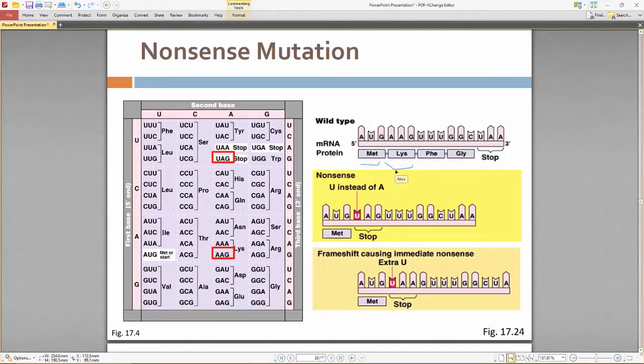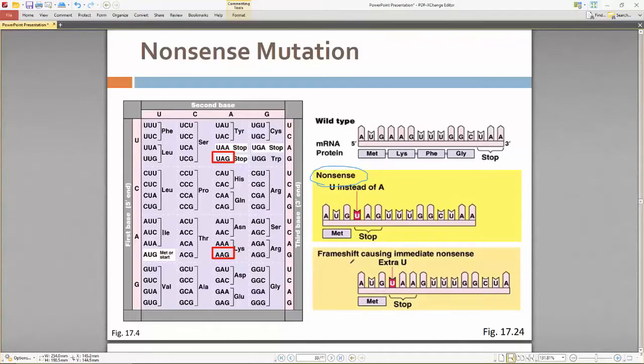Let's look at a nonsense mutation, like we said before. So this is the normal polypeptide. In this case, you have a U instead of an A here. So this is a point mutation. Or, sorry, is this a point substitution? Am I using the wrong term? Point substitution.